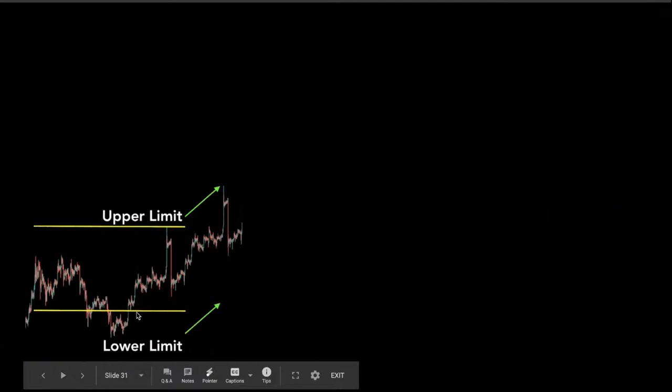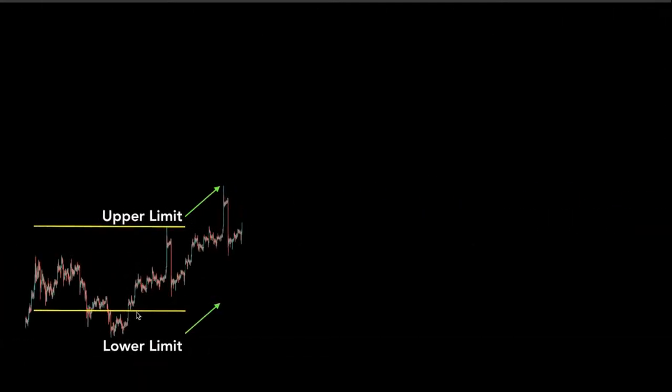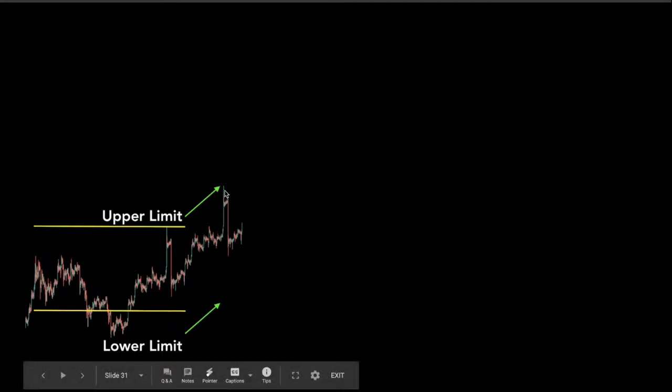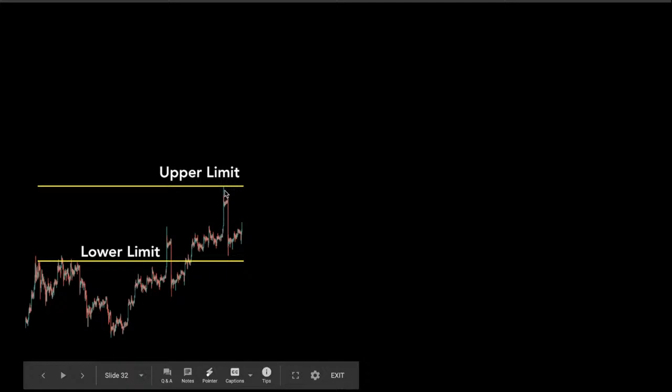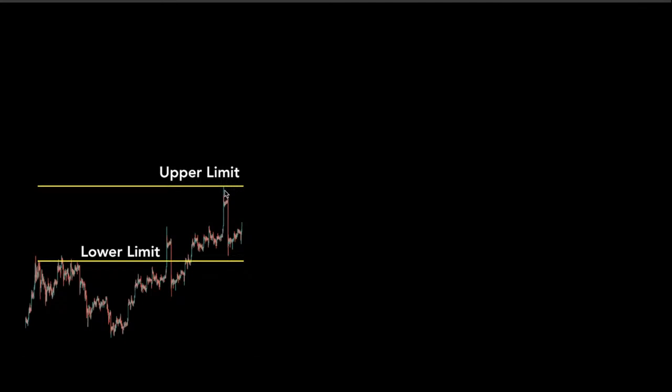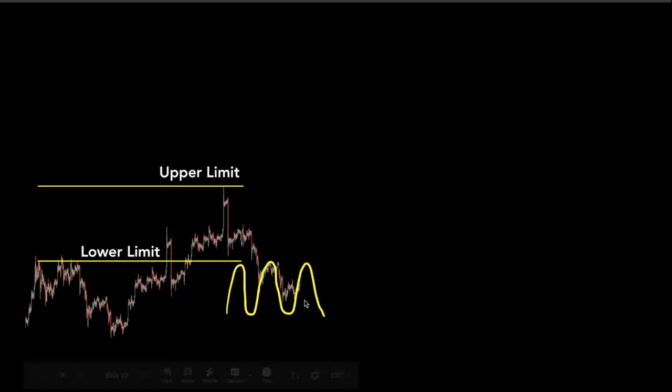Let's assume that later the price starts moving upwards again. So now you have a new higher high, and that means your trading range will also follow the price, like this. But let's assume that then the price moves downwards and breaks the lower limit price, so it goes below your trading range.